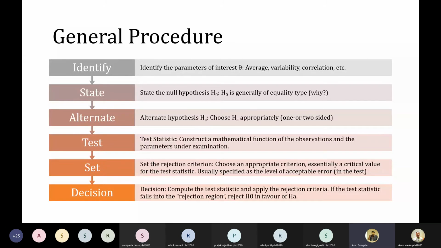Always frame the null hypothesis with the equality sign. The null hypothesis should always have an equality type of relationship. Why? It reduces the burden and makes the thinking procedure simpler.